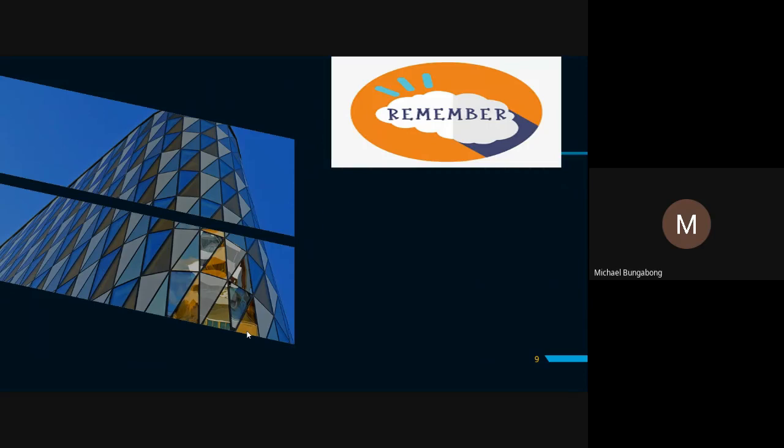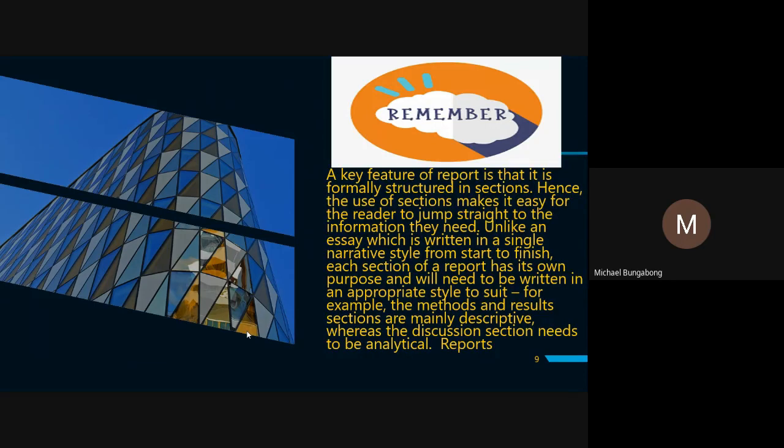You have to remember, class, that a key feature of a report is that it is formally structured in sections. Hence, the use of sections makes it easy for the reader to jump straight to the information they need. Unlike an essay, class, which is written in a single narrative style from start to finish, each section of a report has its own purpose and will need to be written in an appropriate style to suit.